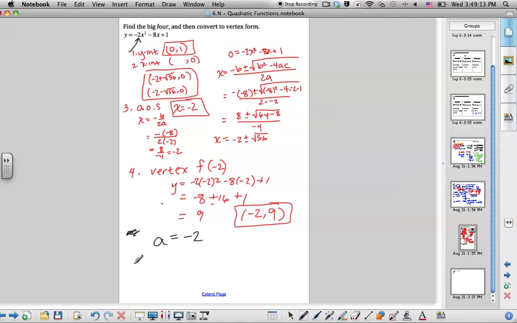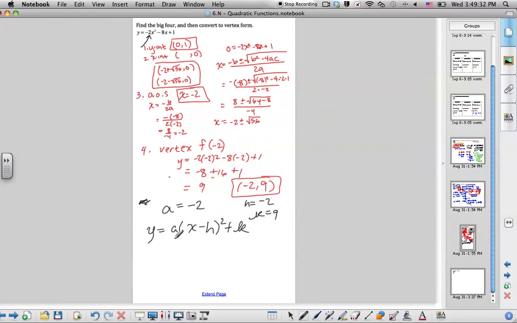Okay, so vertex form is y is equal to a times x minus h squared plus k. We should go ahead and just substitute in now. h is -2, and k is 9. So now we just have to be careful with our signs. Again, we have -2 here, times x minus, now what's h?